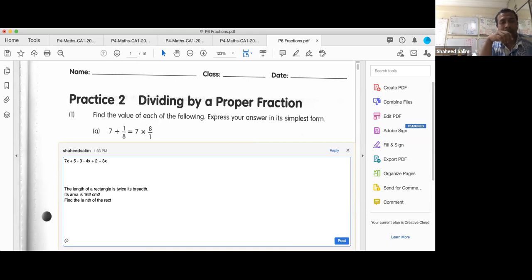No, I want the length of the rectangle. So the breadth is how much? If the length is this, what's the length and what's the breadth? Do you know what's the length? No. Okay, can you try to think through?